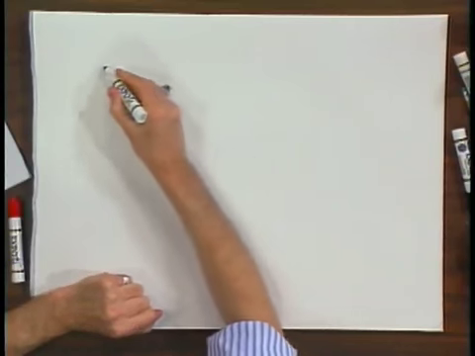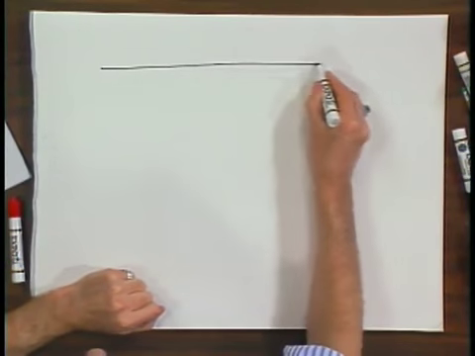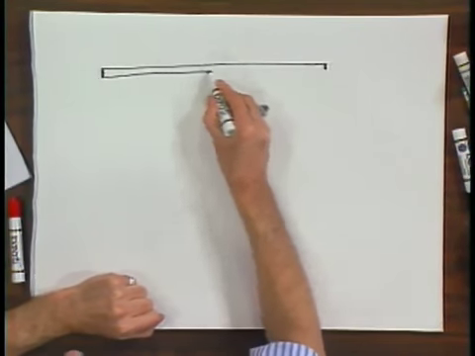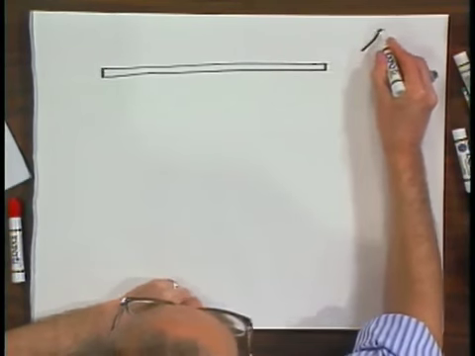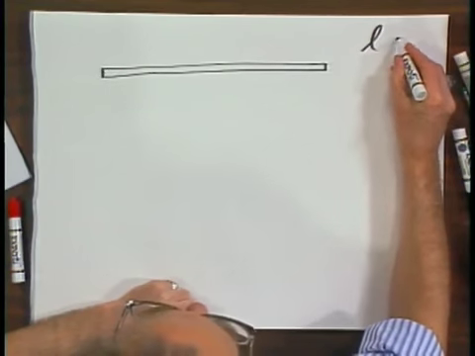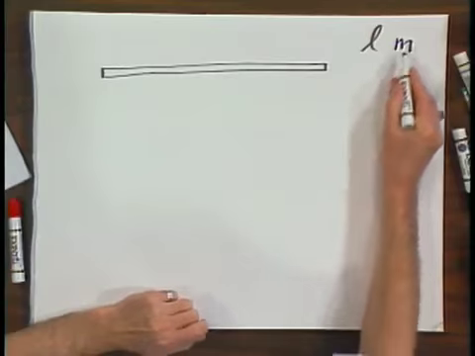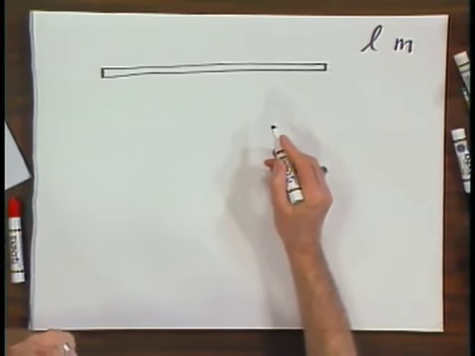And I will start with a classic simple example of using a rod with uniform mass distribution. I have here a rod. Mass is uniformly distributed. The rod has length L and it has mass m. And the mass is uniformly distributed.